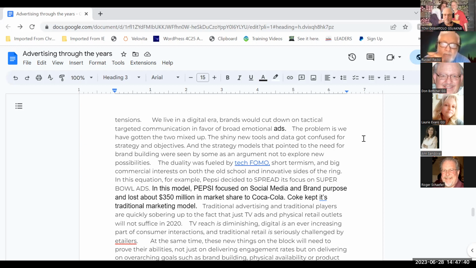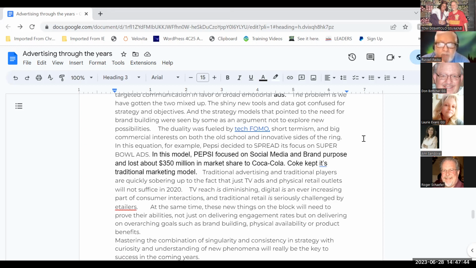And the strategy models that pointed to the need for brand building were seen by some as an argument not to explore new possibilities. The duality was fueled by tech fear of missing out. Where have we heard that? On the short term, and big commercial interest in both the old school and innovative sides of the ring.